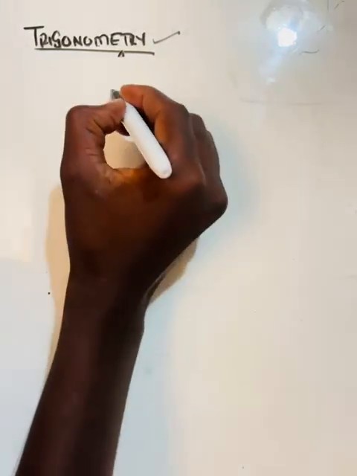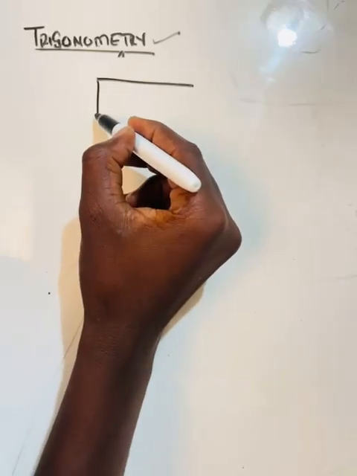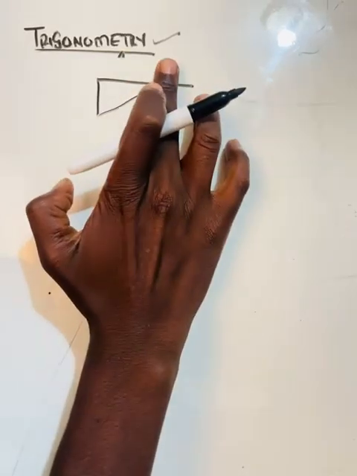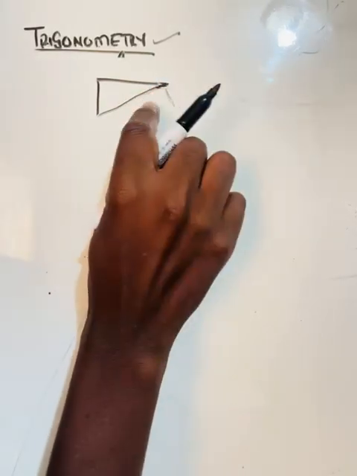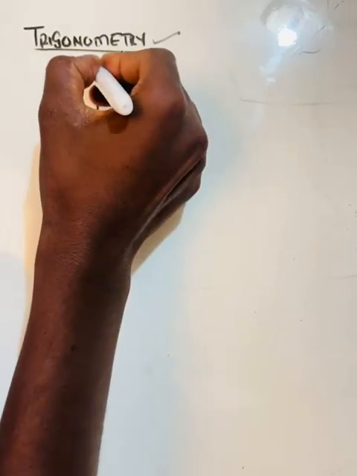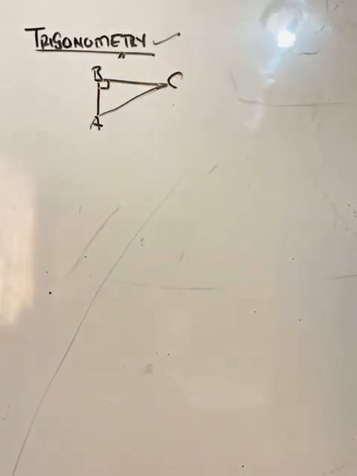Now, I'm going to draw a right angle triangle here. I'm going to name it point A, B, and C. Now, what's happening with this particular triangle?